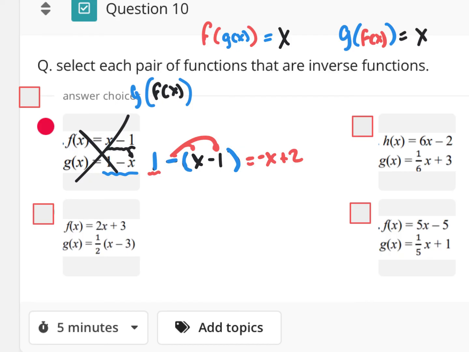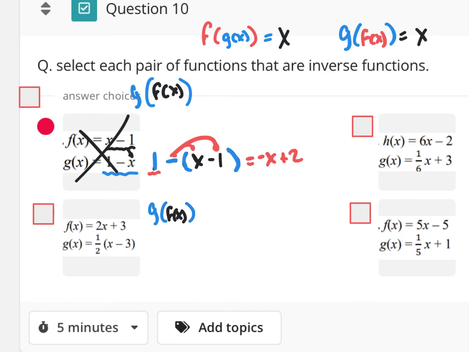Let's say that we plug in the f of x into the g of x. Okay, f of x into the g of x. So I'm going to take this 2x plus 3 and put it into the x spot with parentheses. Let me write the notation. Here's the g of x, and on the inside, I'm plugging in my f of x.